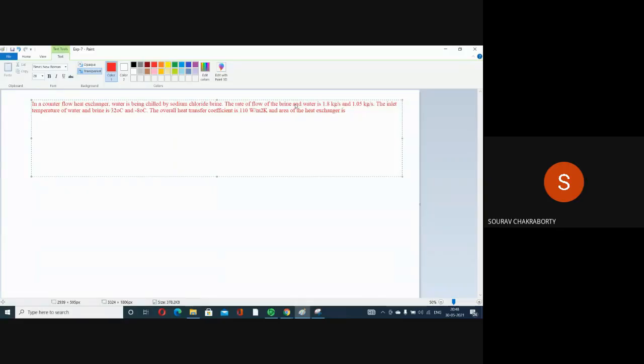And the area of the heat exchanger is 53.74 meter square. Find out the outlet or exit temperature of water and brine. So let me change it.